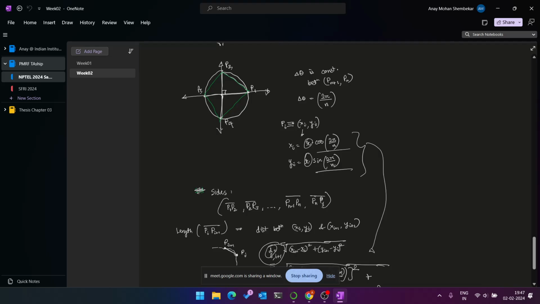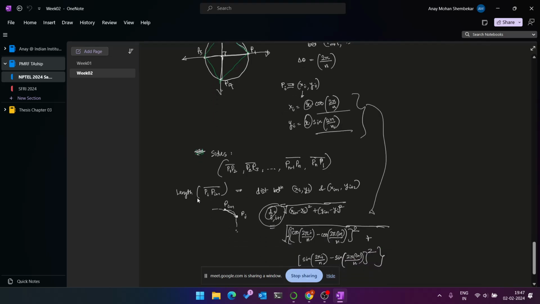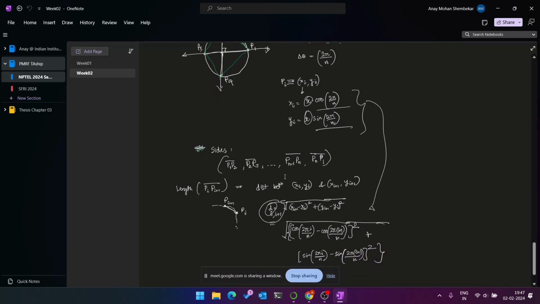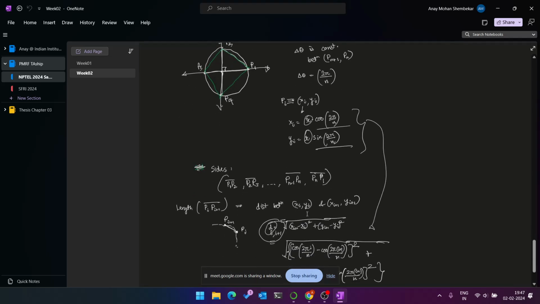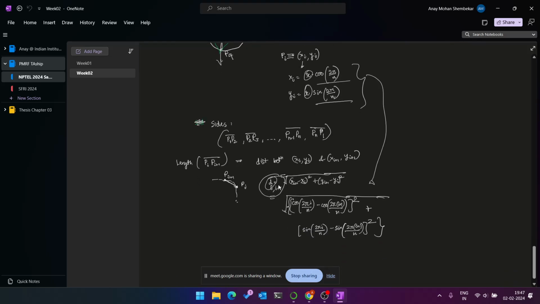So again, you go back from Pn to P1, and the length of a side is nothing but the distance between the two endpoints of the side, which are Pi being xi, yi and Pi plus 1 being xi plus 1, yi plus 1. From this, you calculate the distance di comma i plus 1, which is the length of this side, and then we send it back to our code.